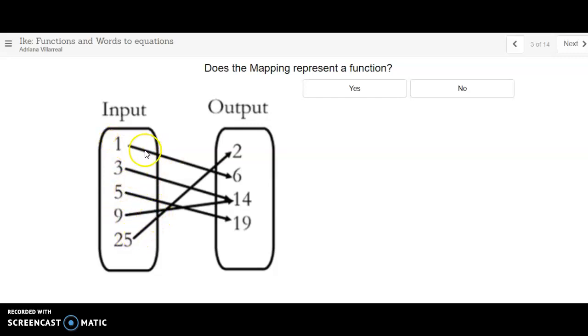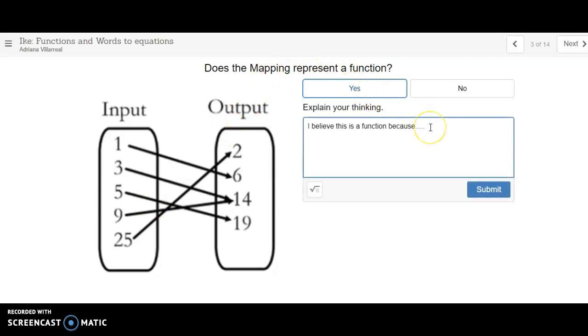So if I look at 1, there's only 1 line. If I look at 3, 1 line. 5, 1 line. 9, 1 line. 25, 1 line, right? All of my numbers only have 1 line. That means there are no repeats. Remember, no repeats mean that yes, it is a function.